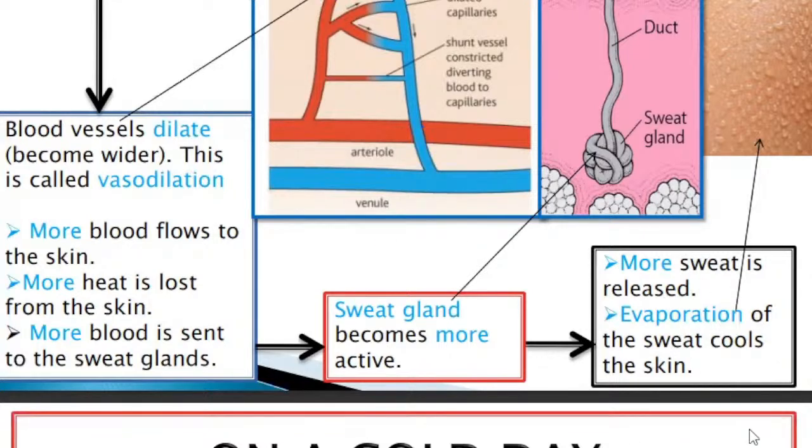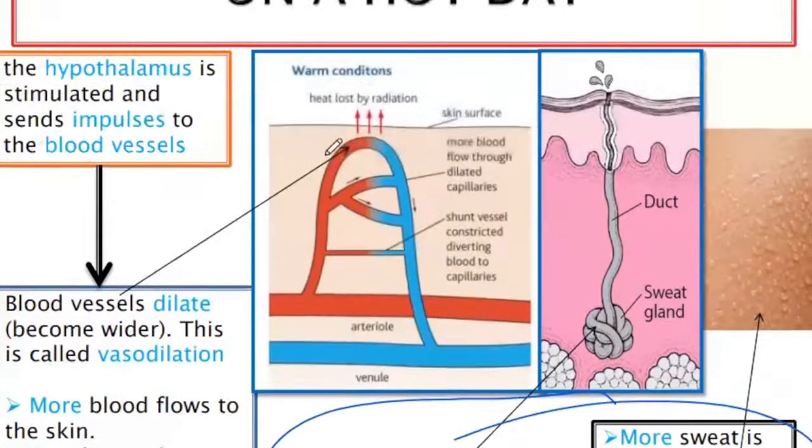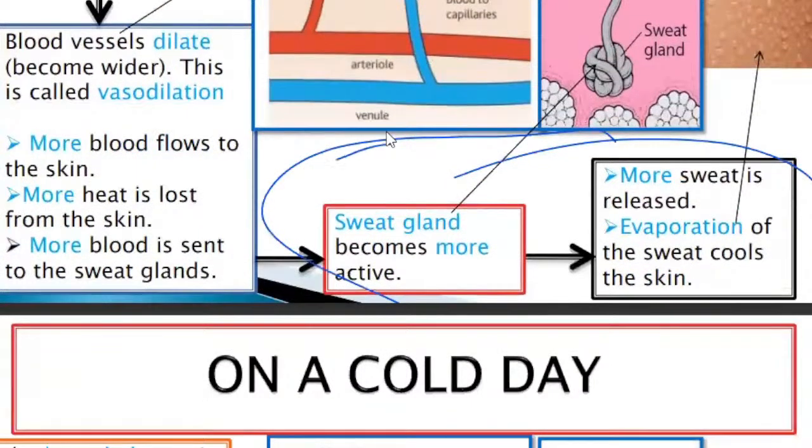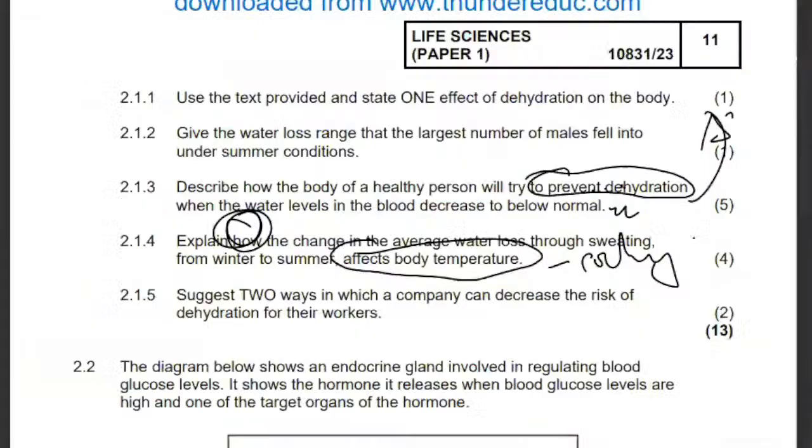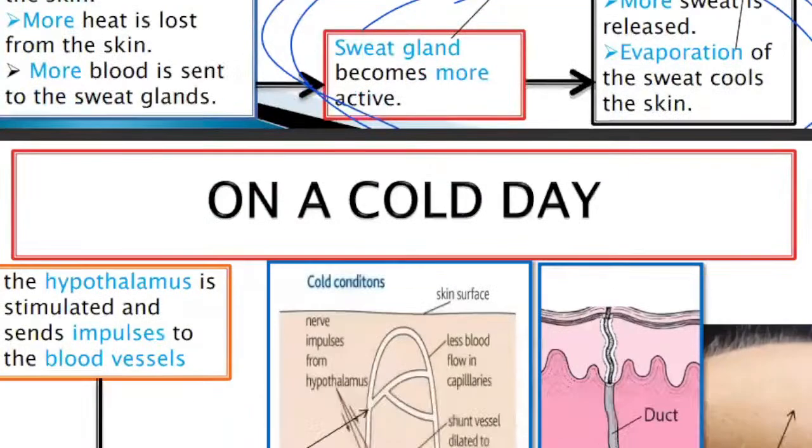They are not talking about all the controls of how heat is lost. They are looking specifically at the sweat. How does it lead to cooling of the body? That's what you explain in that regard.